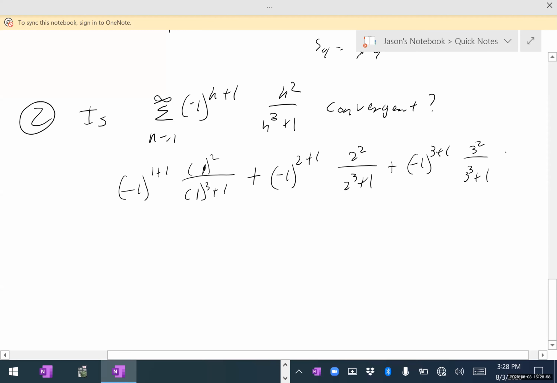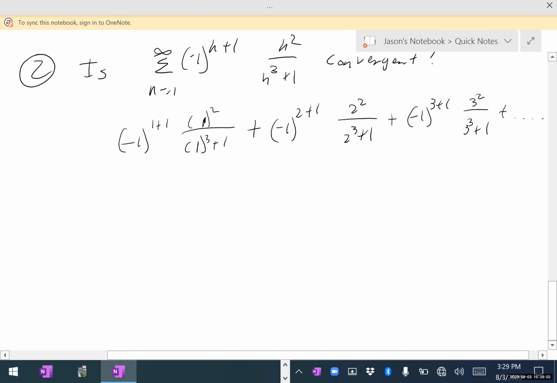So what's -1 to the second power? That's just +1. 1 squared is 1, over 1 plus 1 is 2. So this just becomes 1/2. This is -1 to the third power.